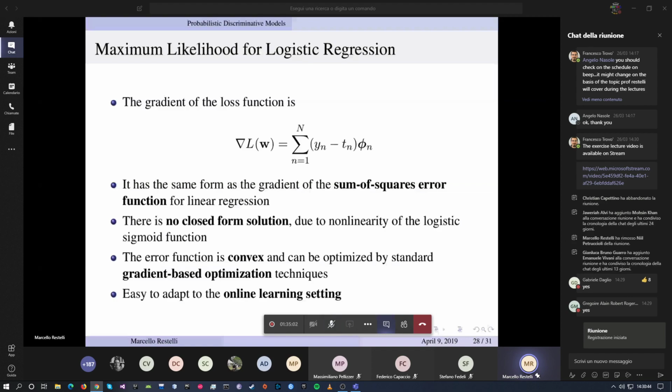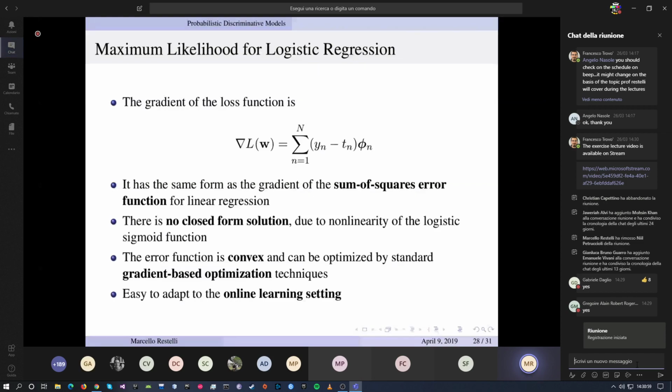Logistic regression is a generalized linear classification model. The inputs are linearly combined through some parameters W to obtain a number that is provided as argument to a logistic function.